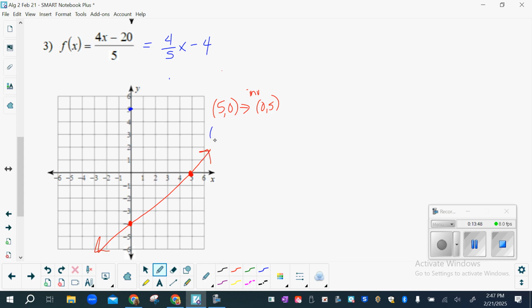Good. 0, -4. What would be your inverse? Oh wait, it's the opposite. -4, 0. Yep. So -4, 0, and then we draw that line. So I'm going to draw the mirror line, y equals x.